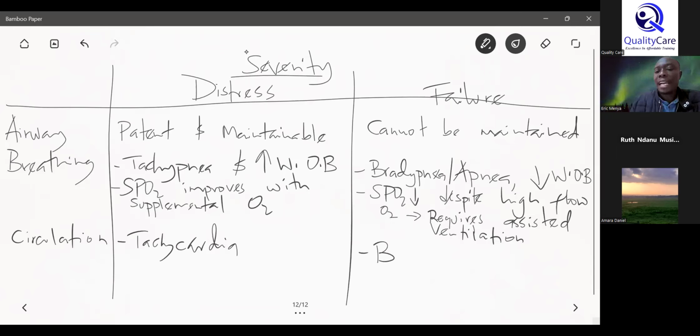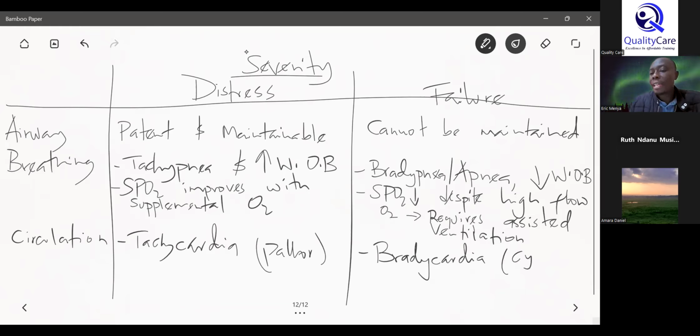But in failure, they present with bradycardia. Okay? In terms of color, here you could have pallor. Here you'll have cyanosis or mottling. That patient has gone into respiratory failure.